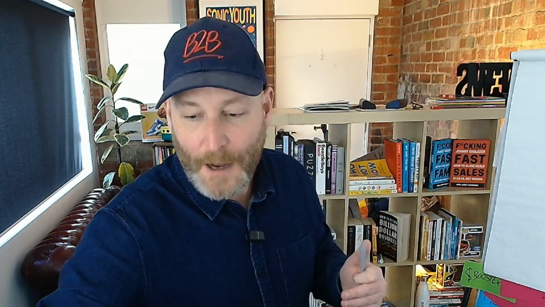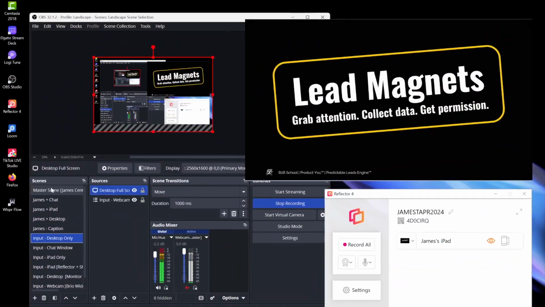If you want to take it a little bit further, then you can download OBS, and then that is a whole new learning curve altogether. While doing this, I was recording the whole thing from within OBS, and I think you can see that down here, and I'm recording it within OBS, or I could start a virtual camera, and this virtual camera is what allows me to present what I'm presenting to you right now via a Zoom call.